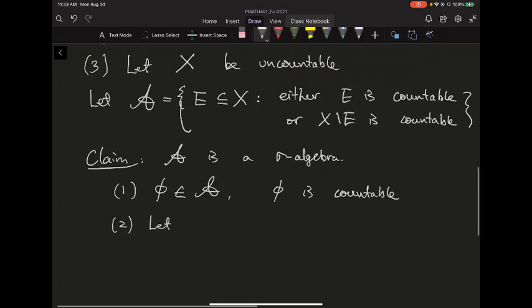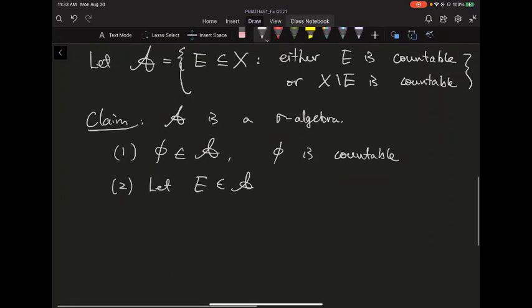Let E be in A. Let's take any element of A, which is a subset of X. Elements in A are either countable or co-countable, so let's break into two cases. Case 1: if E itself is countable, is its complement also in A? Its complement is certainly not countable because X is uncountable. You're taking a complement of a countable set, so it should be uncountable.